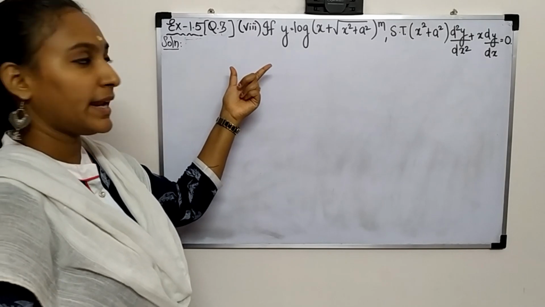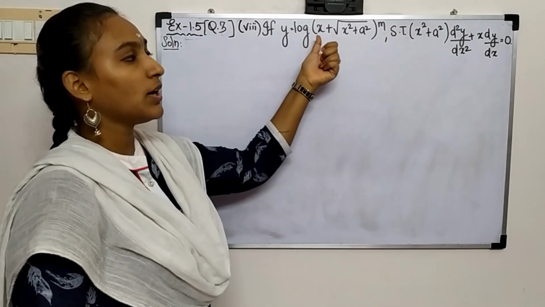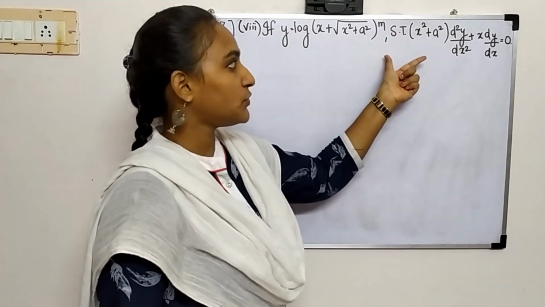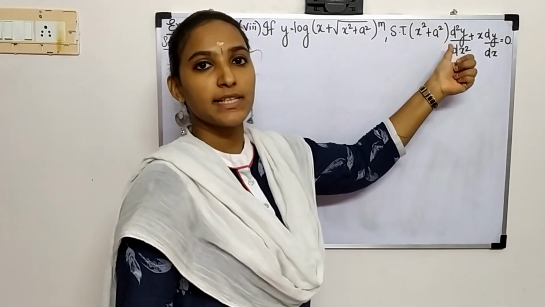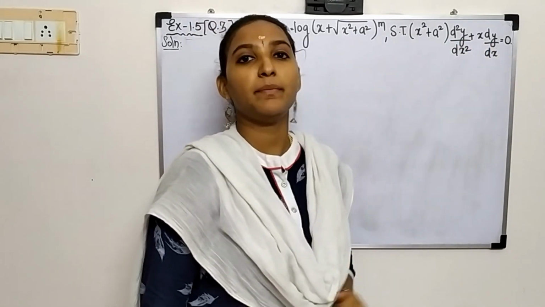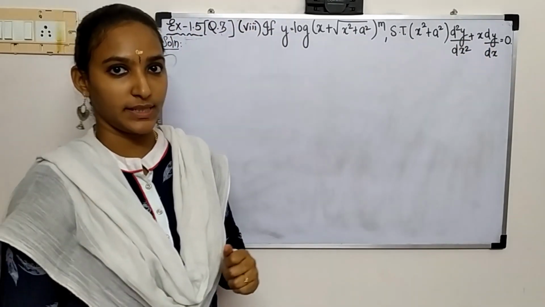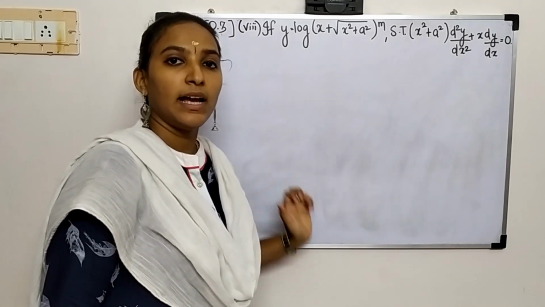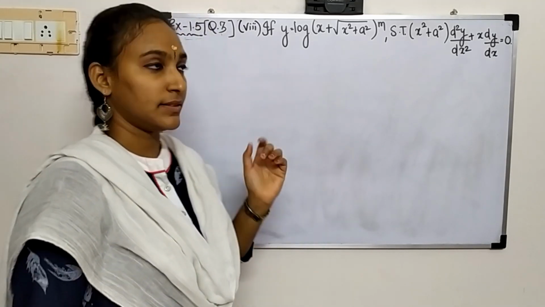See, question number 8. If y equal to log of x plus root of x square plus a square, raised to m, show that (x square plus a square) d square y upon dx square plus x dy by dx is equal to 0. See, we are just going to differentiate the function twice and we will get our answer.